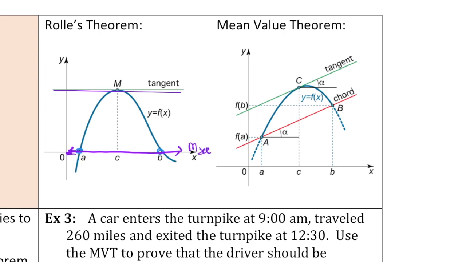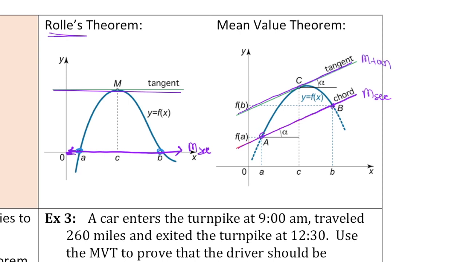So the slope of the secant line is equal to the slope of the tangent line for Rolle's theorem. Now, if we tilt both the secant line and the tangent line, then it follows from Rolle's theorem that the slope of the secant line must be equal to the slope of the tangent line at some point between A and B.